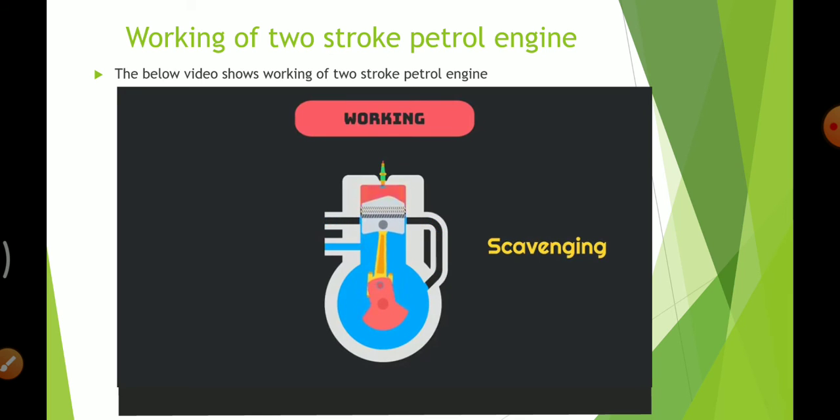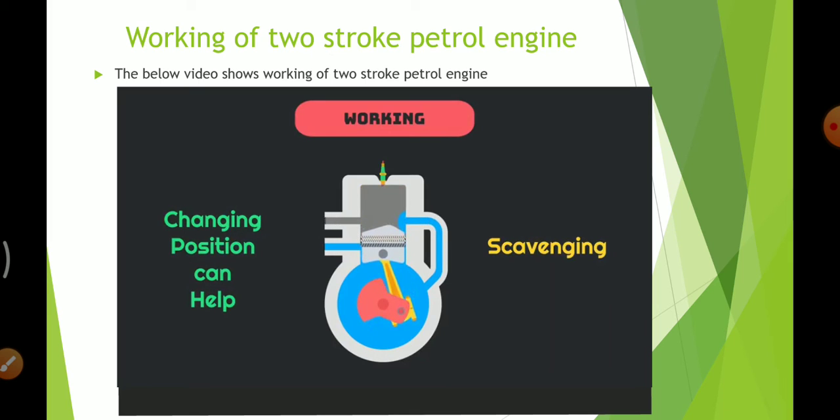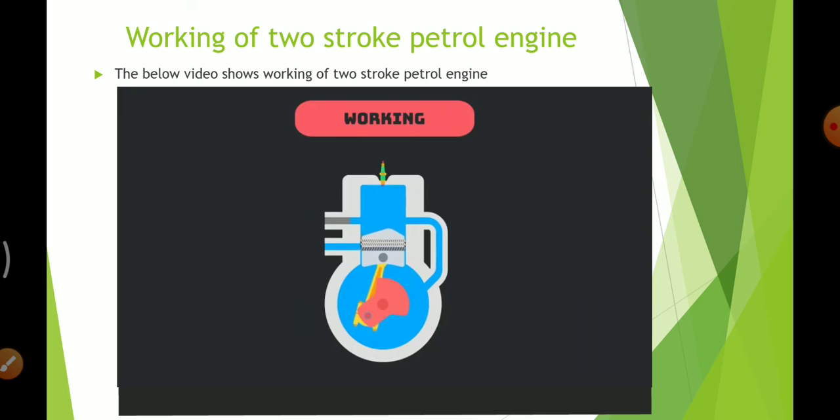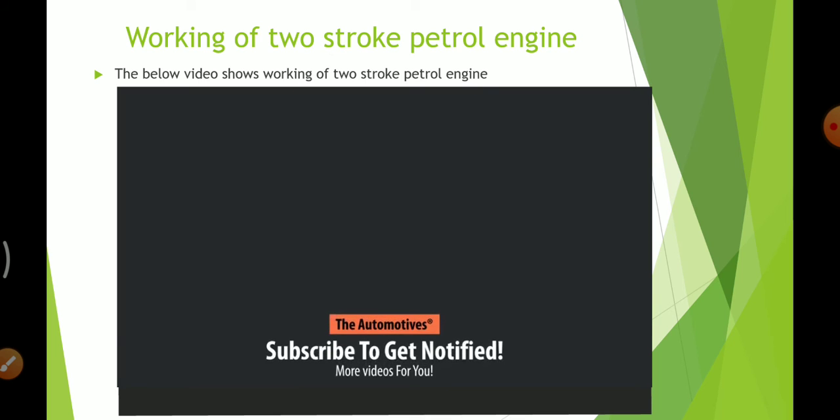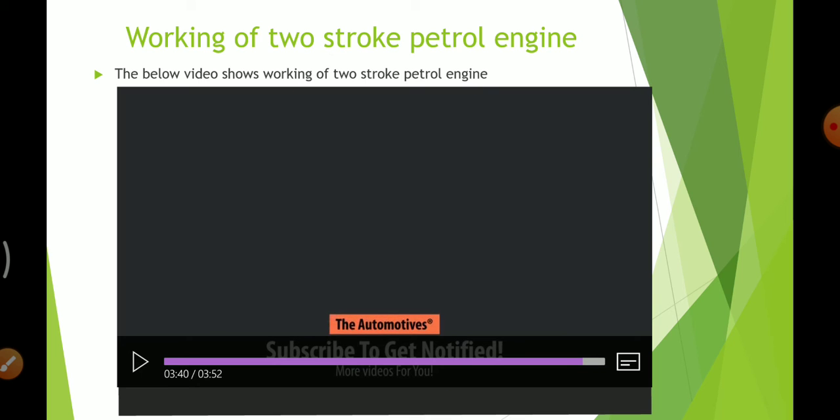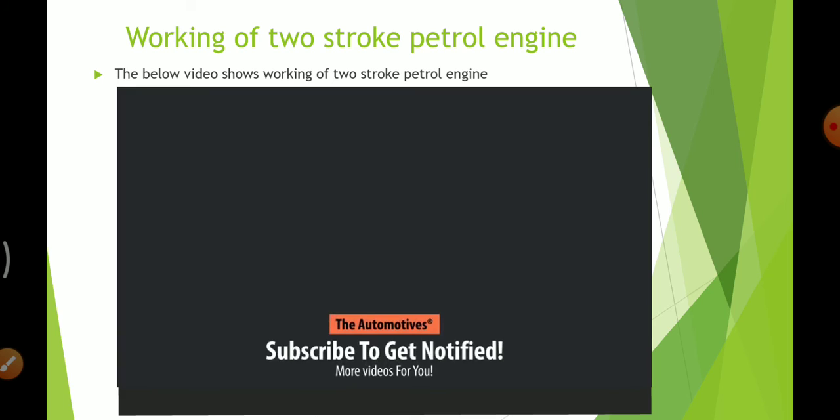This reduces the efficiency of the engine. To avoid this, the transfer port and exhaust port are placed opposite each other with a small difference, not parallel. That is called scavenging, which increases the efficiency of the engine. This is the working of a two-stroke petrol engine.